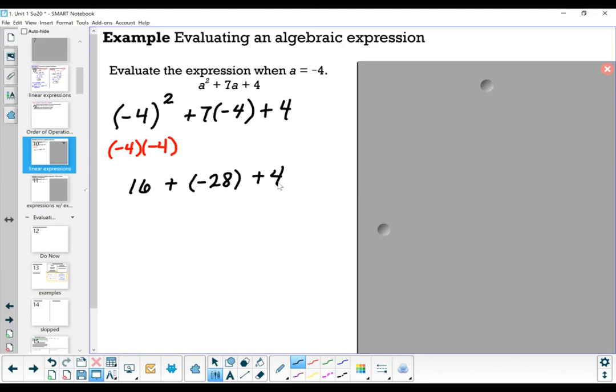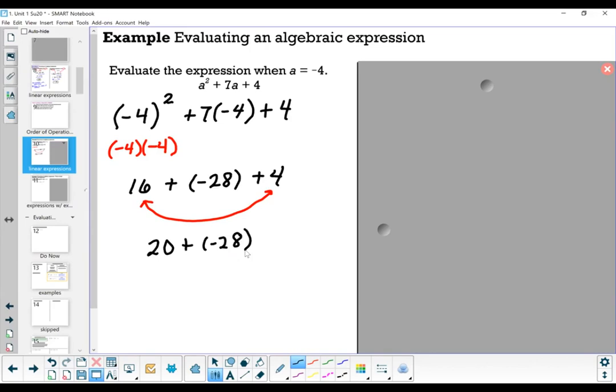So what I mean by that, I want to combine my 16 with my plus 4. +16 plus 4, they're both positive. 16 plus 4 is 20. And then I just bring down the plus -28. So now I have a positive 20 and a -28.